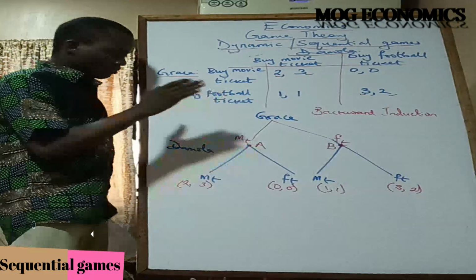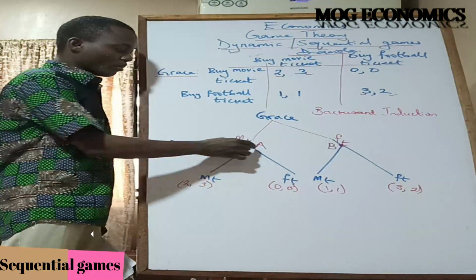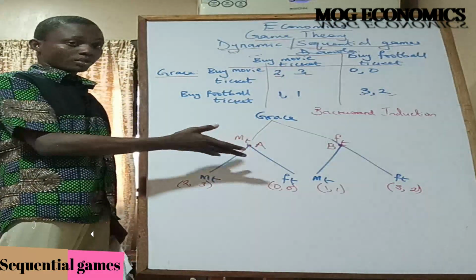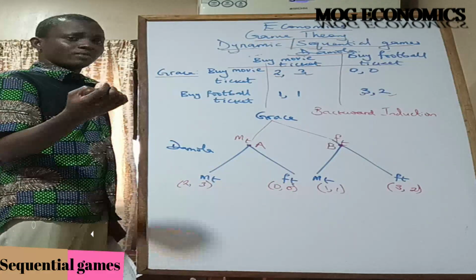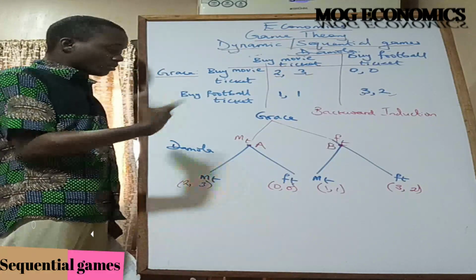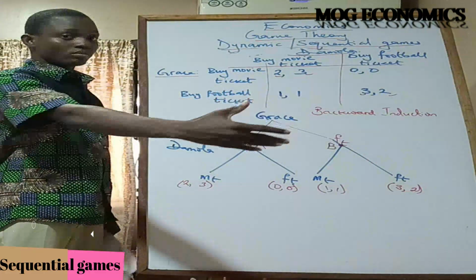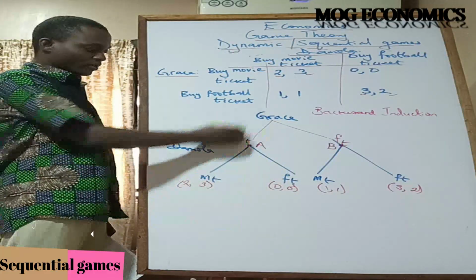Now, if this game ends up at point A, where Grace has already done something, she has already bought movie tickets. Damola is not sure if that was what Grace really did, but Damola knows that Grace has moved. Do you understand? So what will be Damola's response if Grace has done this?